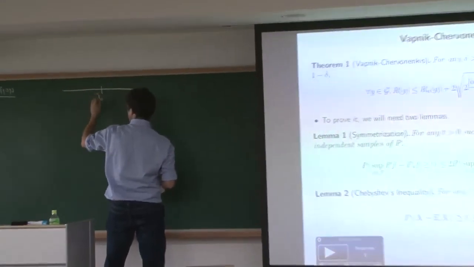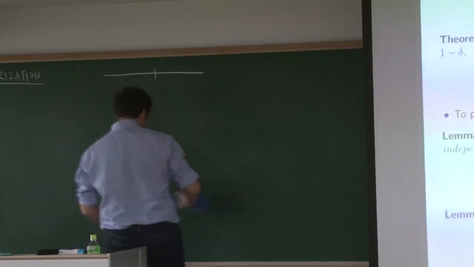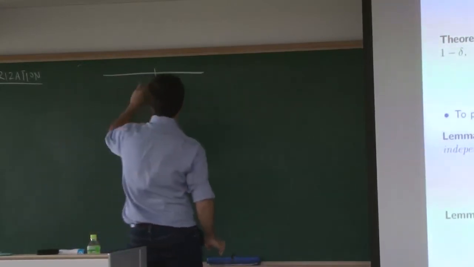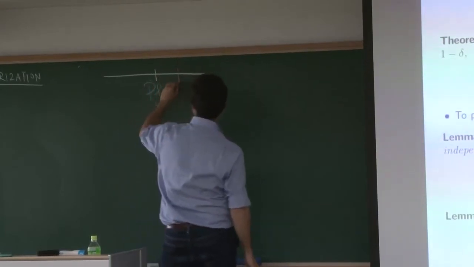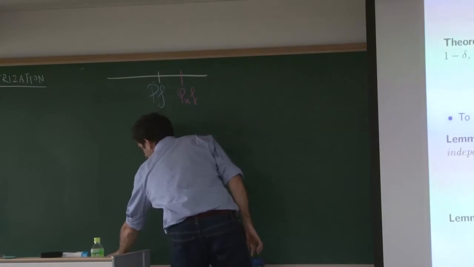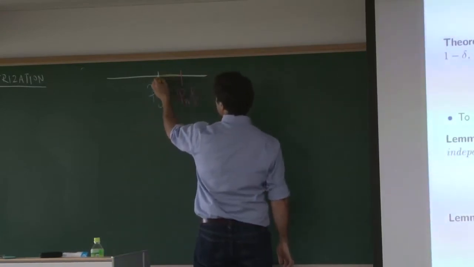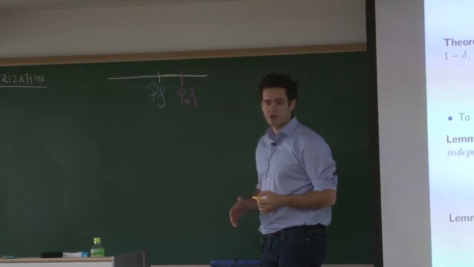I'm going to play with three different quantities. One which is in blue, P of f, one which is Pn of f. So remember that this is the gap that we try to control.